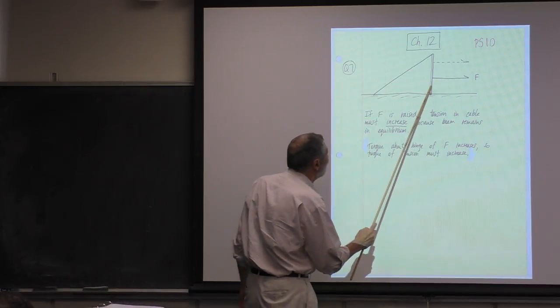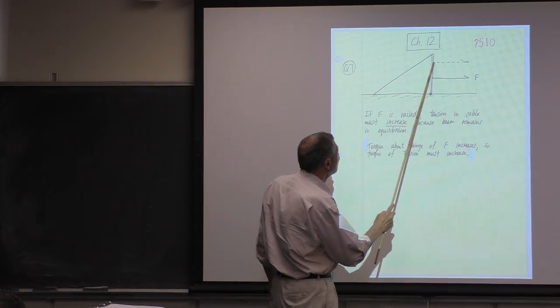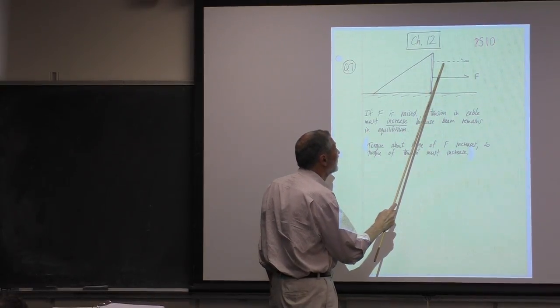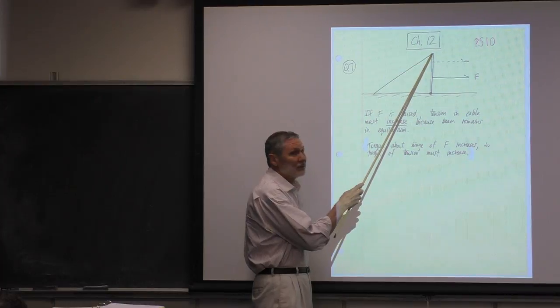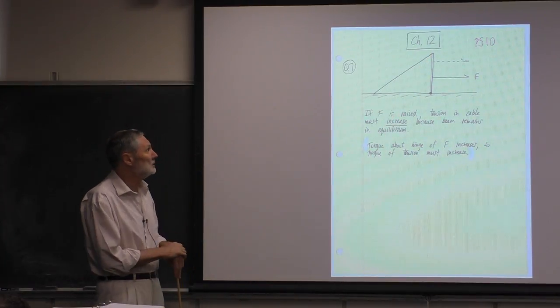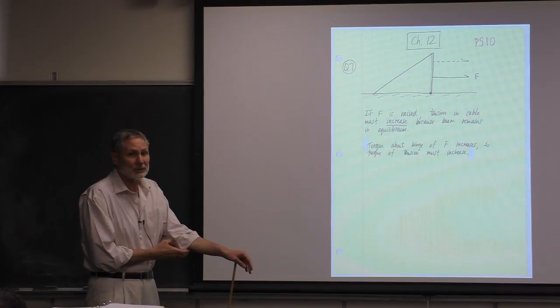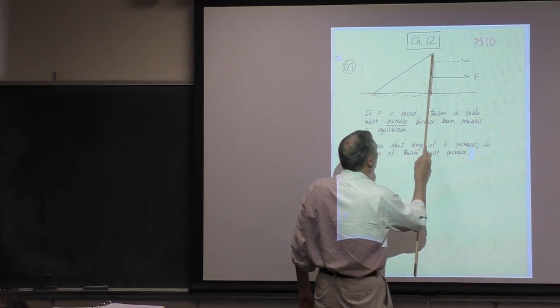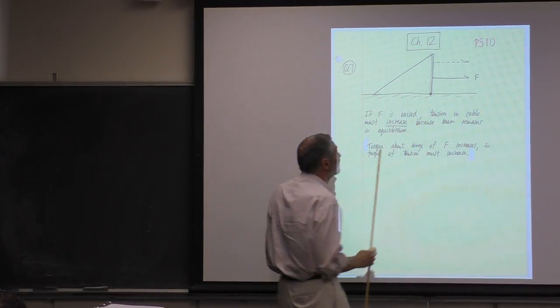If I double this distance as I've drawn here, keeping the magnitude constant, that's going to double the torque. I have to double the torque due to this tension for this to remain in equilibrium. So it's going to double the tension force, because the moment arm here is the same. We're not changing the point of application of this tension.